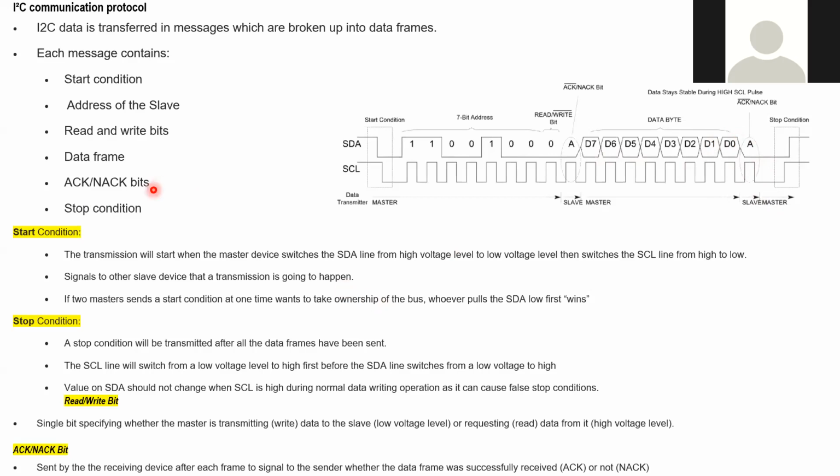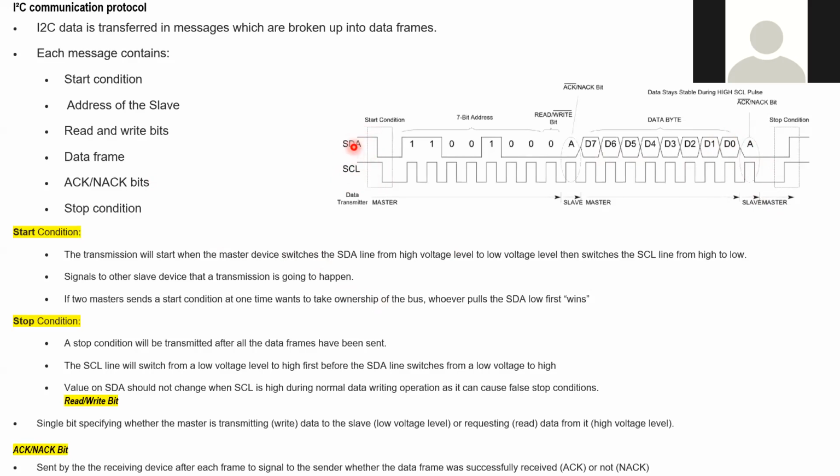Okay, now the start condition. You all remember we have 2 lines. One is the serial data line and the other is the serial clock line. Start condition means, when you want to check it, first the serial data line will move from high level to low level.